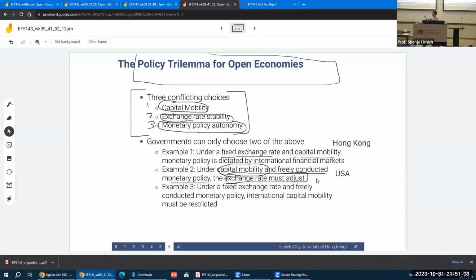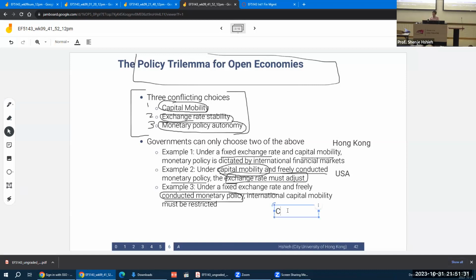Every time they change monetary policy, money supply, they're going to change the exchange rate. Therefore, they can't manage the exchange rate. And lastly, if you choose fixed exchange rate and monetary policy independence, then you must control capital flows, because changing capital flows will change the exchange rate naturally.